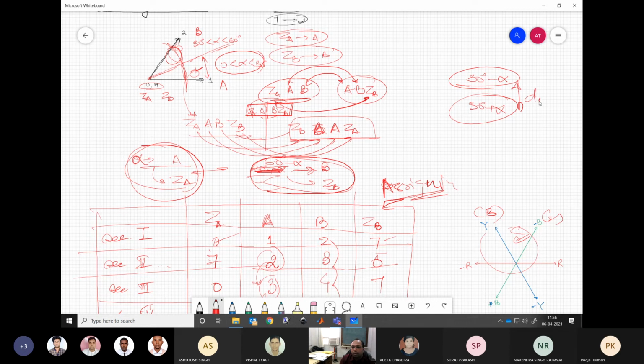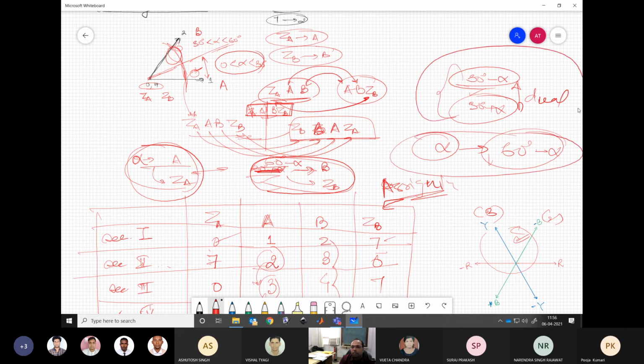These two vectors must be dual. Alpha to 60 degree minus alpha, these are actually the same thing.